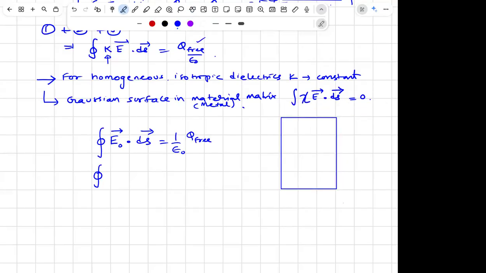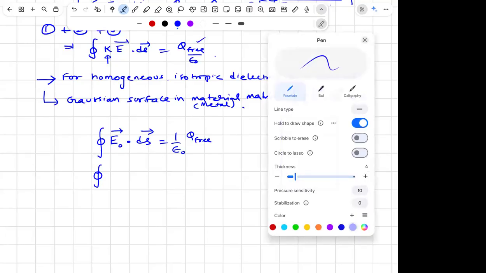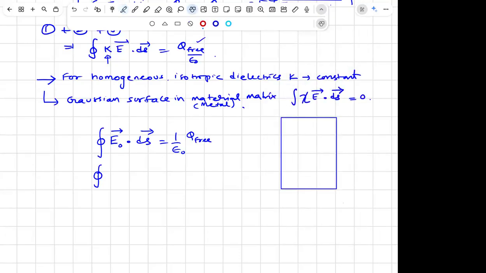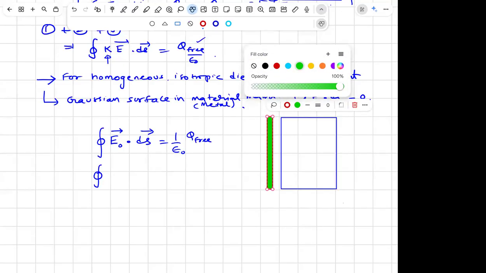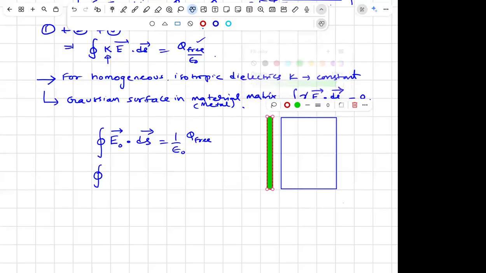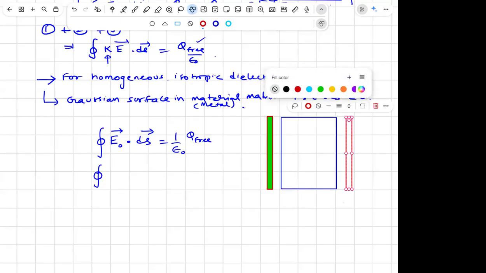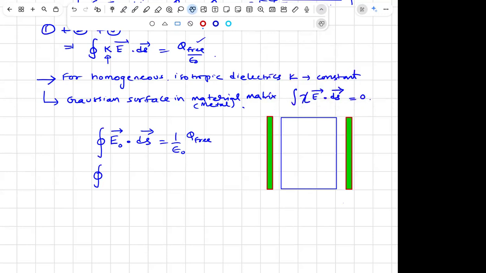Inside a dielectric, the green colored are metal plates.